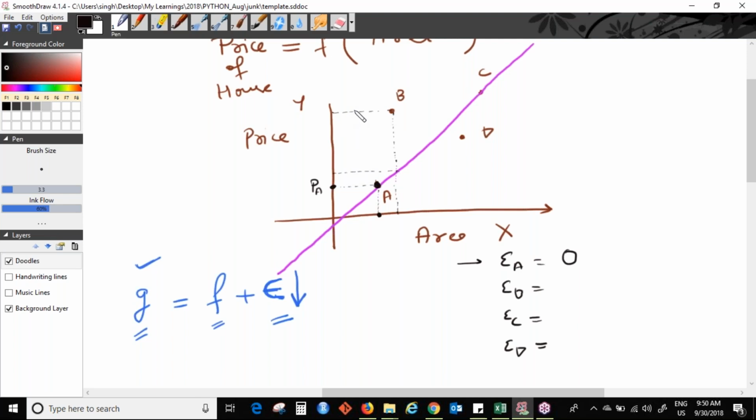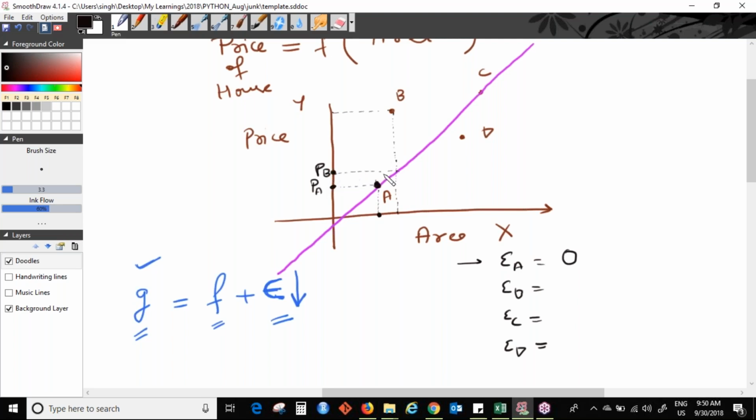This one or this one? First or second? No, it is the second. Okay, Bharti, it is the second. The line will always predict whatever is coming on the line. It cannot predict something which is outside the line. So the line, even for point B, will predict this particular point.